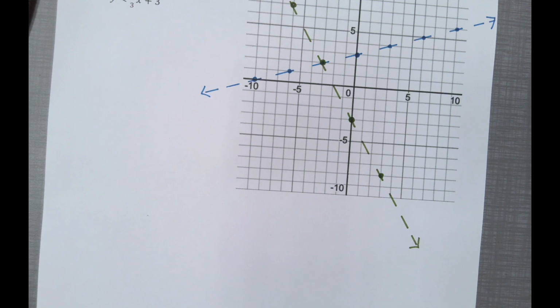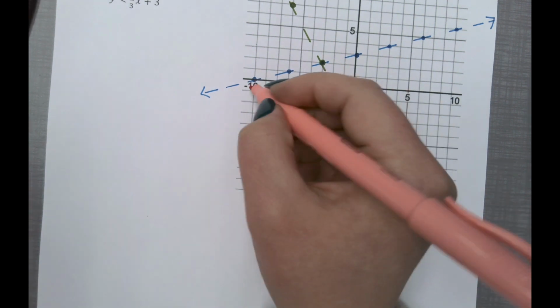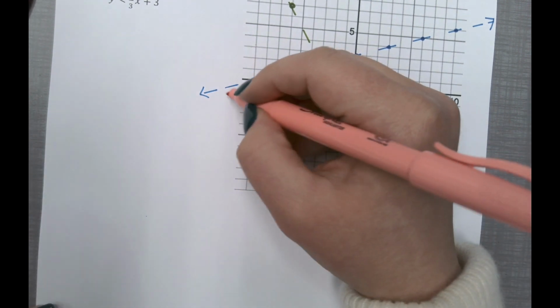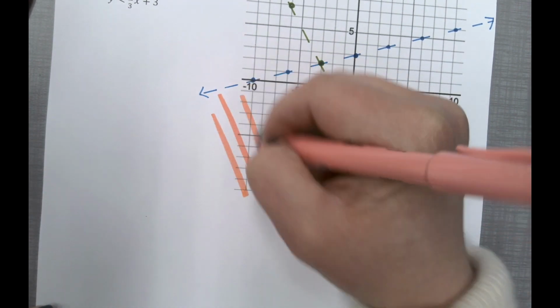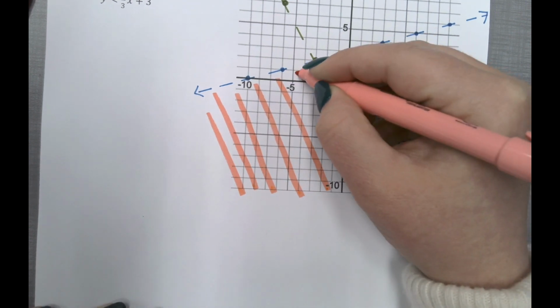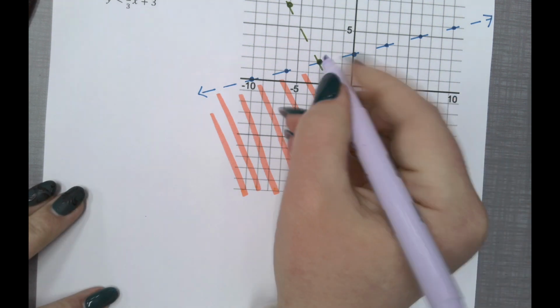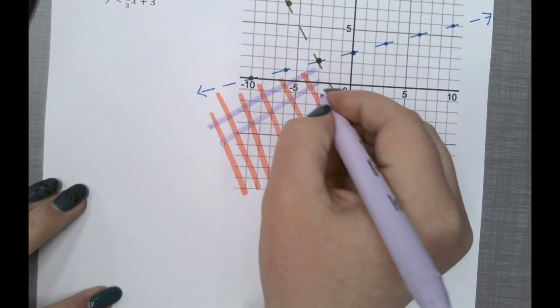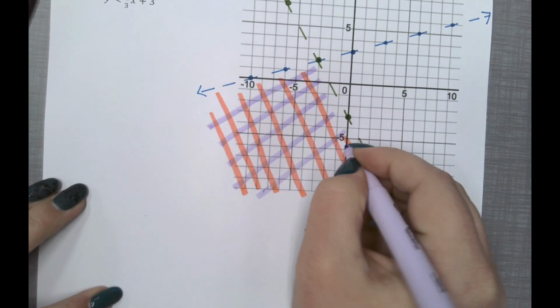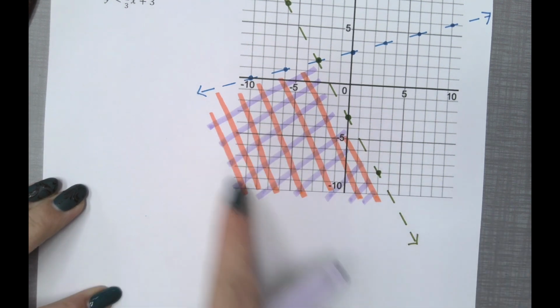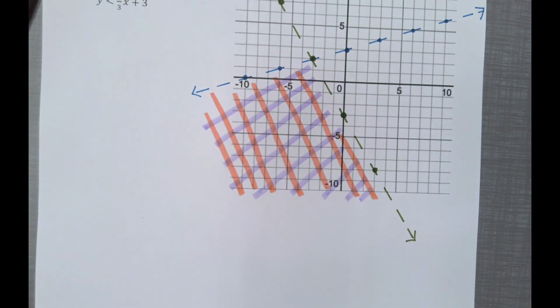So it ends up being with the peachy color that I did and the purple color that I did. So this one would be for the blue line. This is for 8A. And this one would be for 8B. And so the answer is this shaded in region, nothing else.